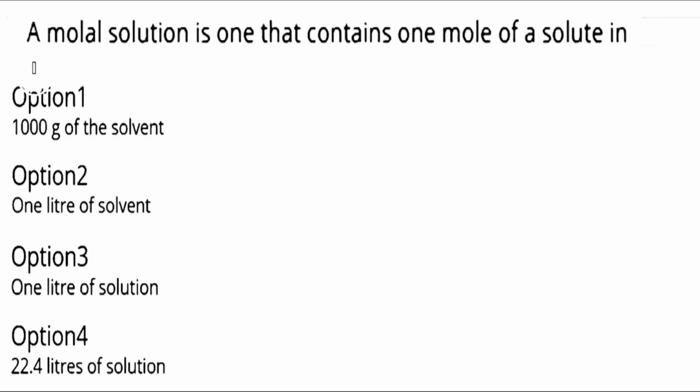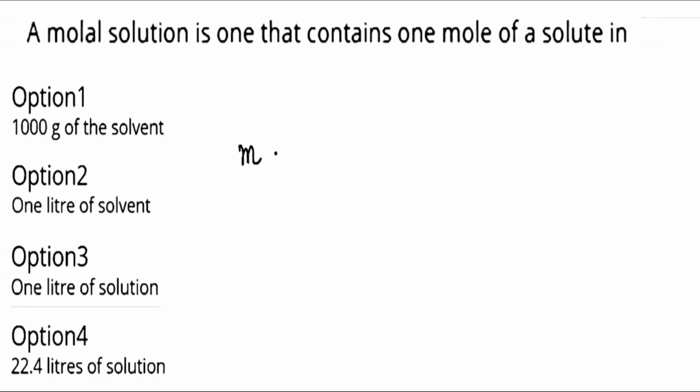Thank you. The question is: a molar solution is one that contains 1 mole of a solute in, and these are the options: 1000 grams of the solvent, 1 liter of solvent, 1 liter of solution, or 22.4 liters of solution. So this comes from molality.